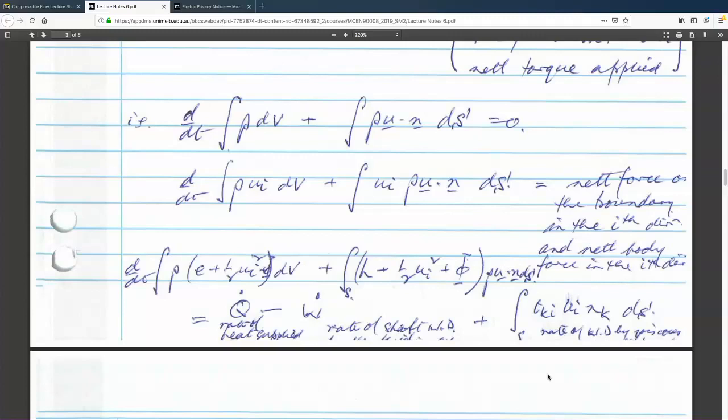So that was that, and then this is the rate of work done by the viscous stresses on the volume, tau ki ui nk. All right.